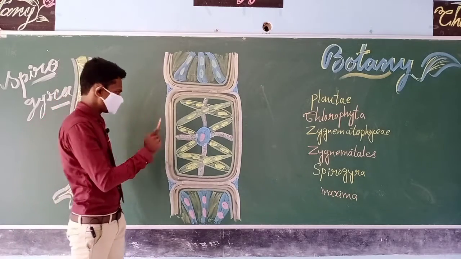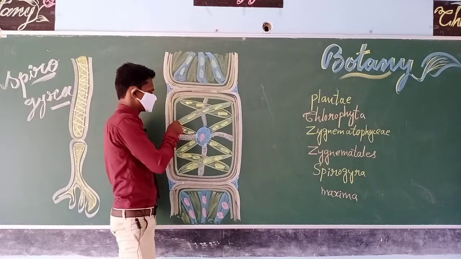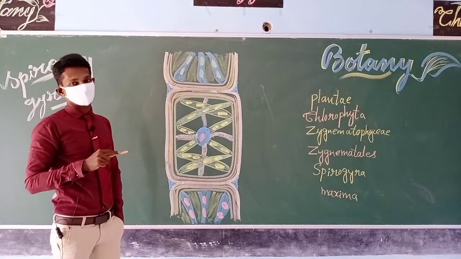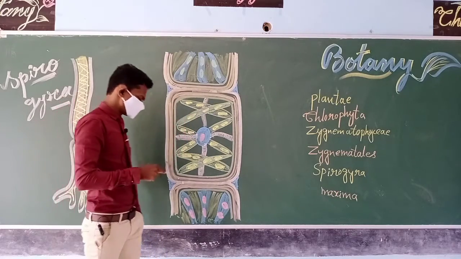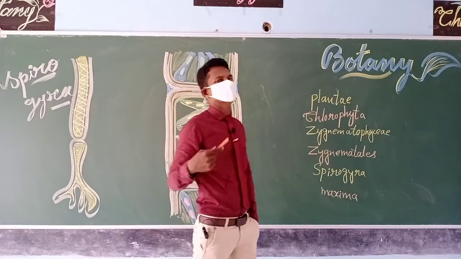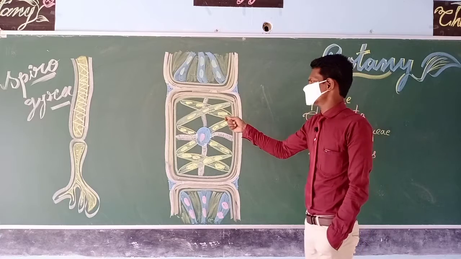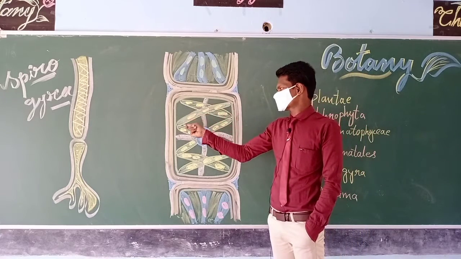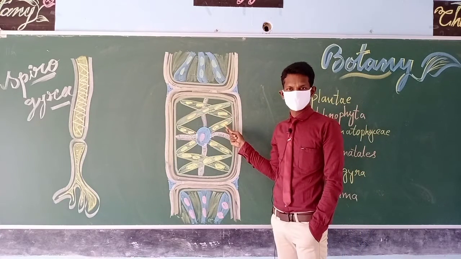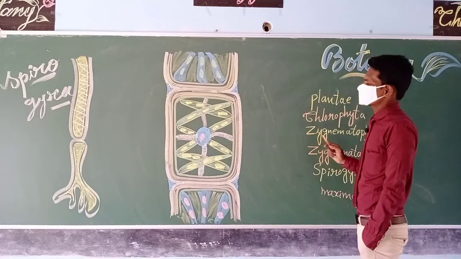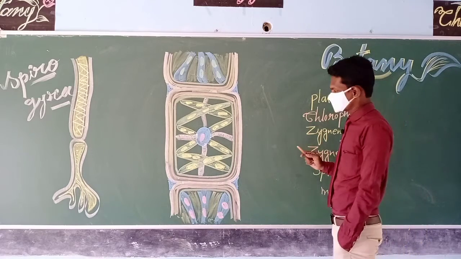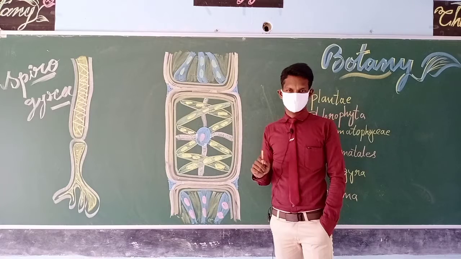So that spiral arrangement of chloroplast we could observe, and the chloroplast shape is ribbon shaped. Chloroplasts participate in the process of photosynthesis. They produce starch. Here these chloroplasts possess special structures called pyrenoids. These pyrenoids store the reserved food that is called starch.